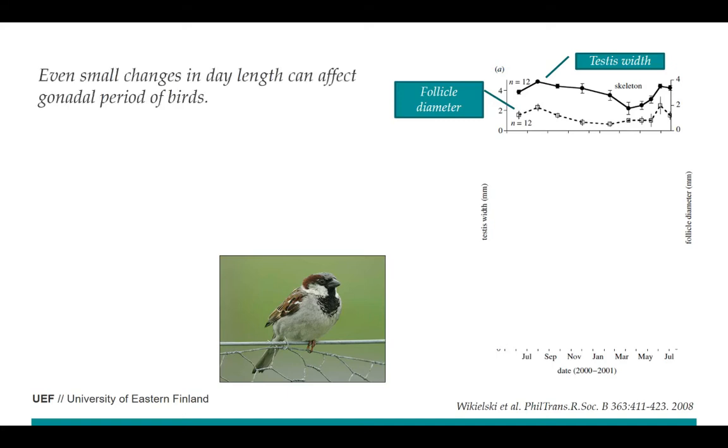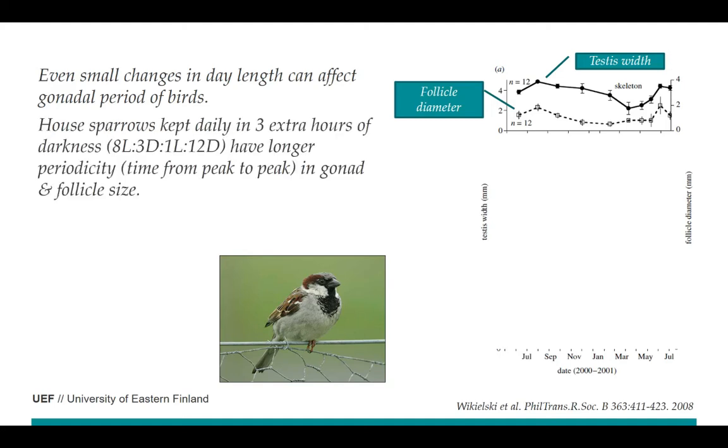But even smaller changes, because 1 hour day length is very short. So even small changes in light can affect the gonad periods in birds, and not only in exotic animals but also in house sparrows. If they are kept 3 hours longer in darkness, they have a longer photoperiod.